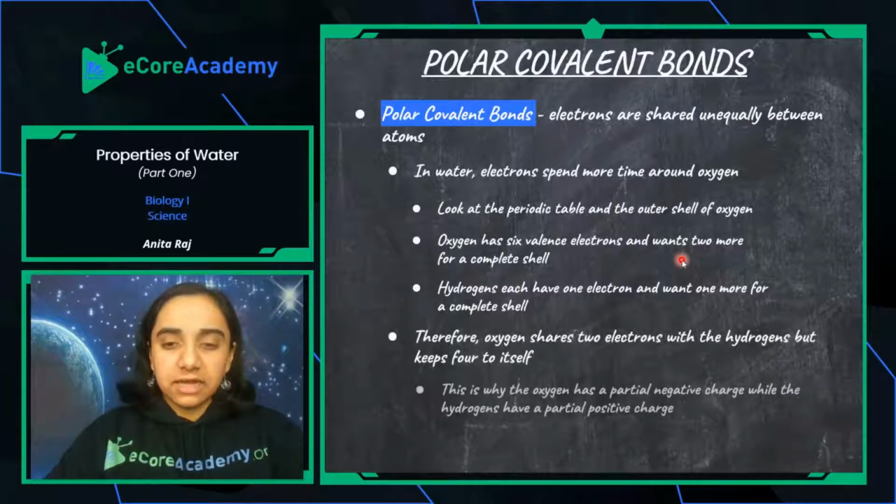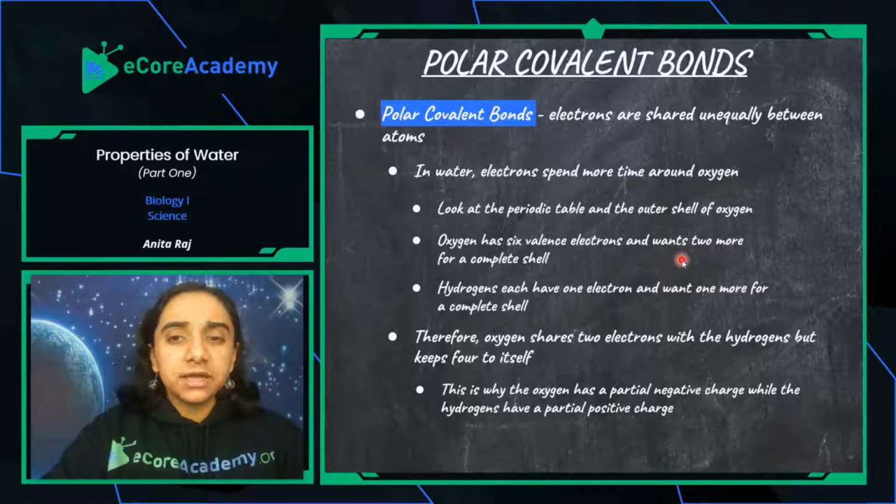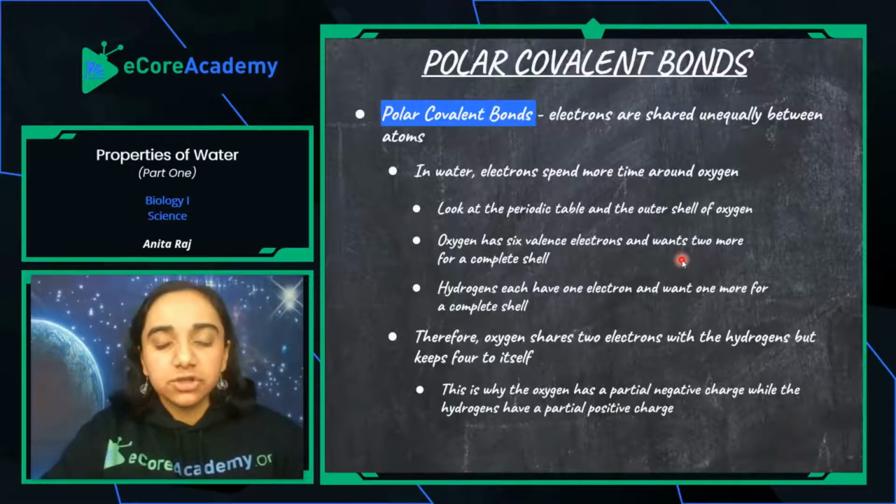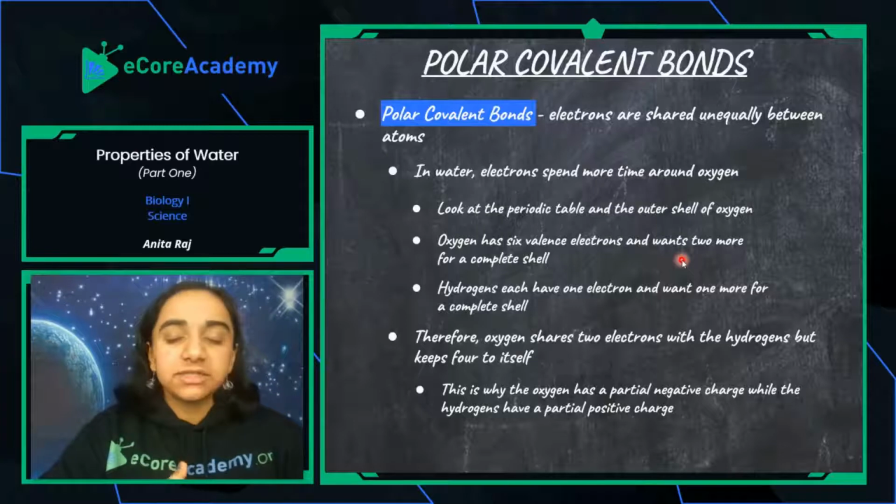I'm just going to break this down to make it easier for you guys to understand. In polar covalent bonds, again, electrons are shared unequally between atoms. Electrons are shared. It's not like an ionic bond where one atom entirely gives up an electron, whereas the other atom just takes that electron in. Instead, there's going to be some sharing, but it's not done equally.